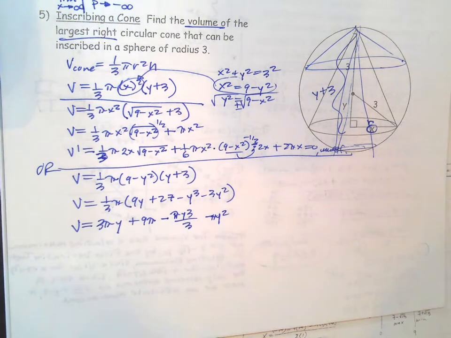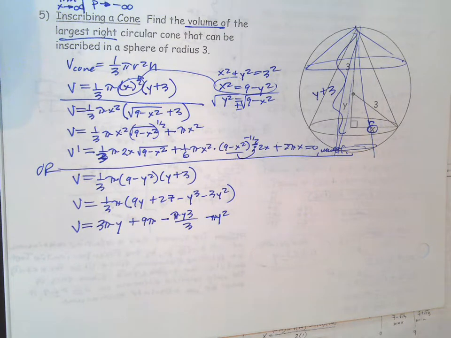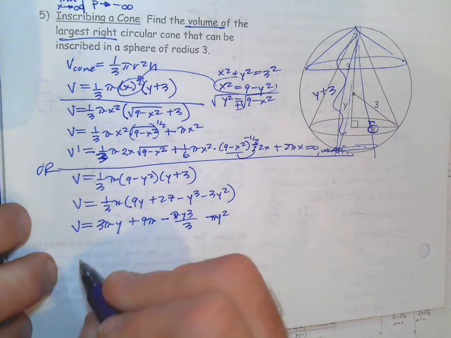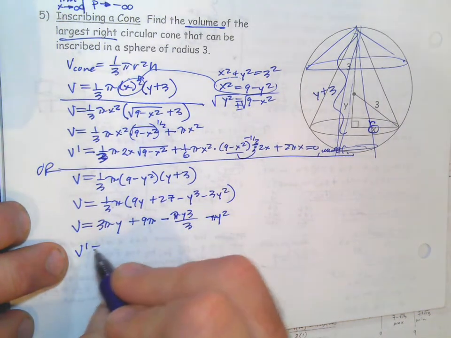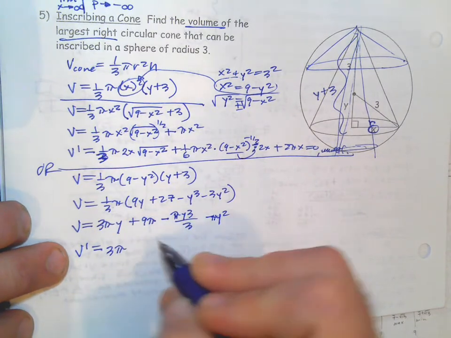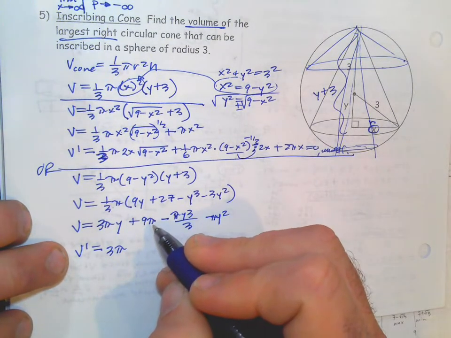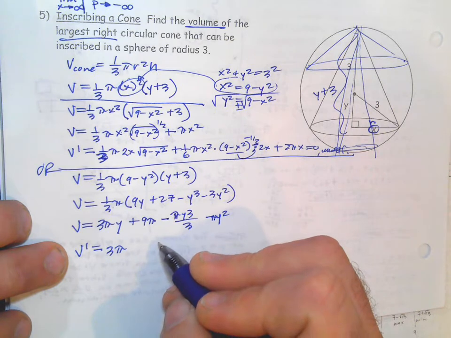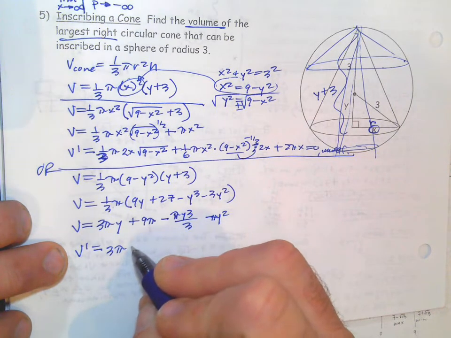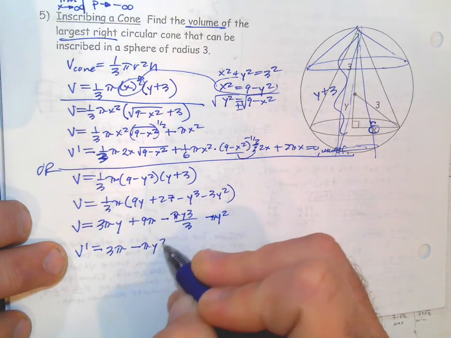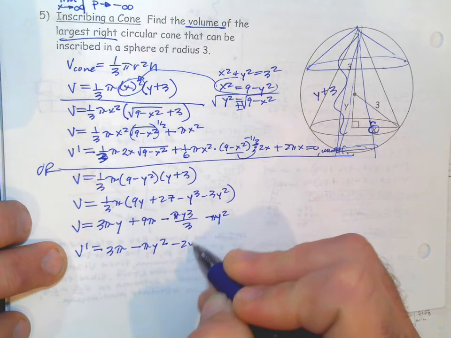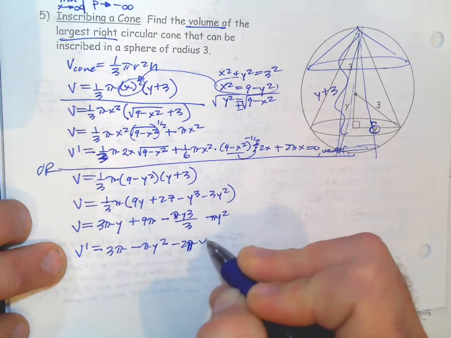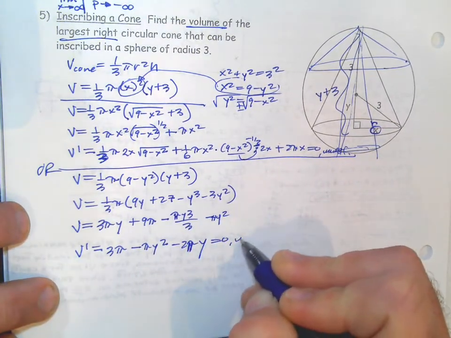So it's still ugly, but it's not like the other one. So I think I like this. I'm going to try this. V prime would be 3 pi. That goes away. This one's going to be pi y squared minus 2 pi y. I'm going to set that equal to 0 and solve.